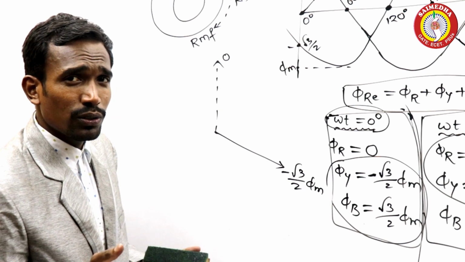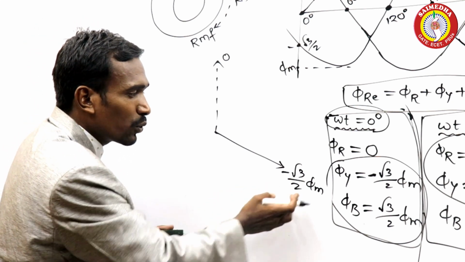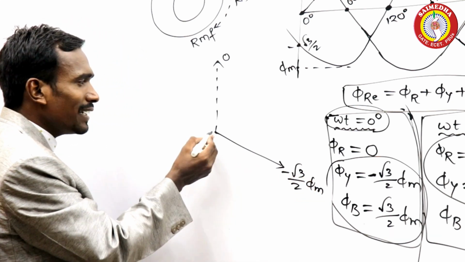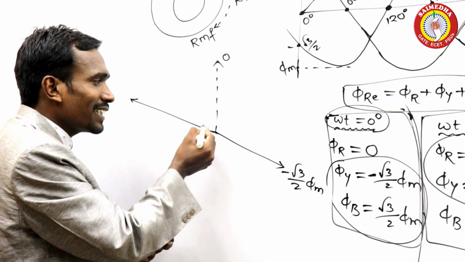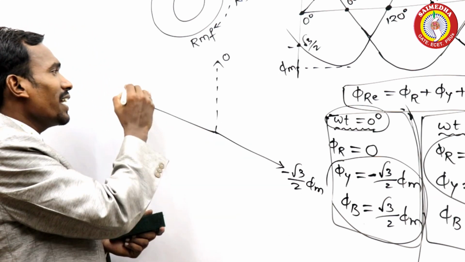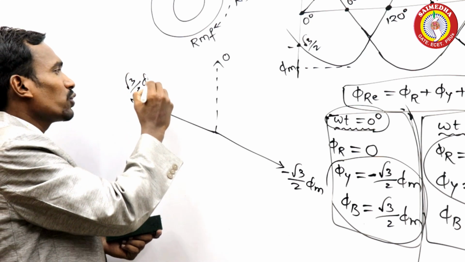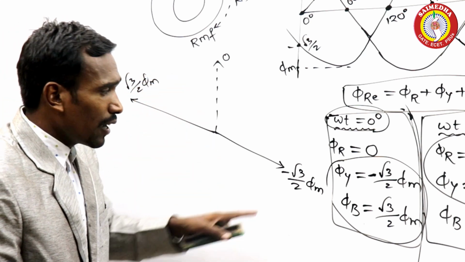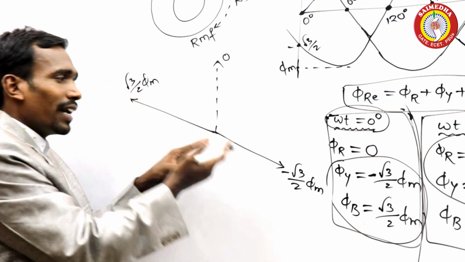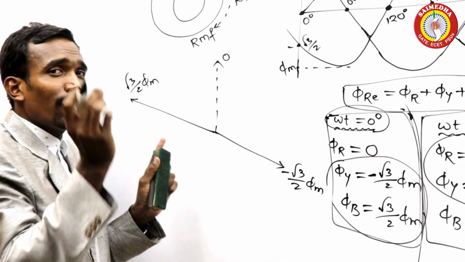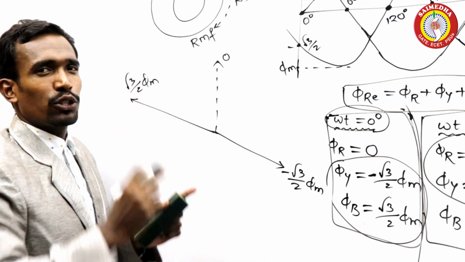What should I do? If this is minus root 3 by 2 phi m, exactly outside, which is 180 degrees to this one, this is plus root 3 by 2 phi m, we know that. In exactly 180 degrees, that vector has plus root 3 by 2 phi m.